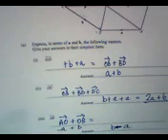Okay, now part B says the point F is such that OCFE is a parallelogram. Write down the vector CF in terms of A and B. Now we haven't got an F on our diagram, but we have got the others.